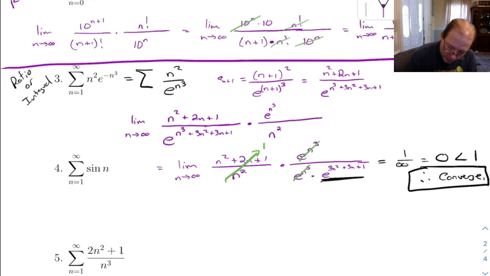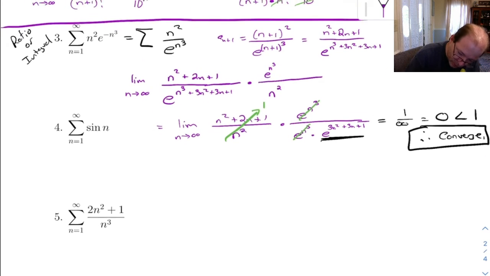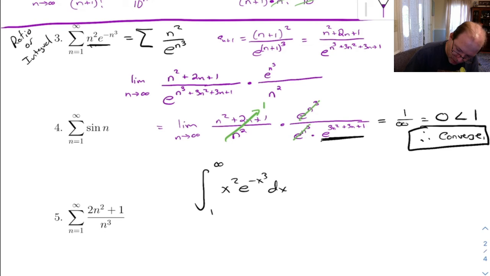We could also do it with the integral test. If we did it with the integral test, we'd integrate the original function, that'd be x squared e to the minus x cubed dx, and you go from 1 to infinity.